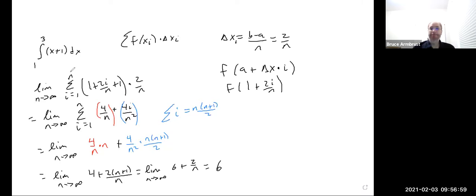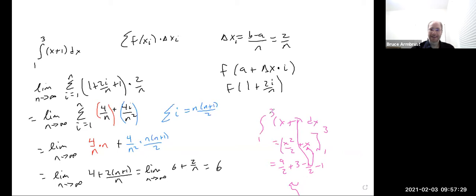Well, let's check it. So I'm going to do the fundamental theorem of calculus on this, just as a check. So that's going to give us x squared over 2 plus x, evaluated at 1 and 3. So that's 9 halves plus 3 minus 1 half minus 1. Whoa, sorry about that. My pen is rebelling.